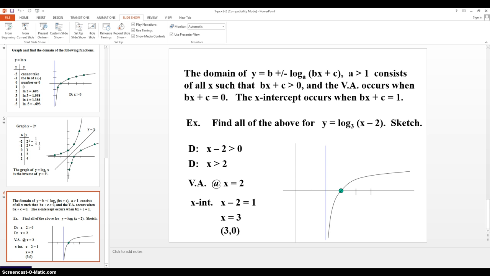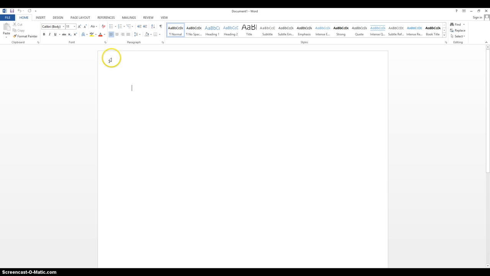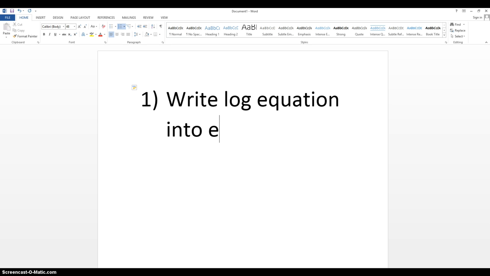Now what I will do is I will continue with some example problems from the book. So let's start off with number 1. Let's make it a little bit bigger. Number 1 says, write the log equation into exponential.